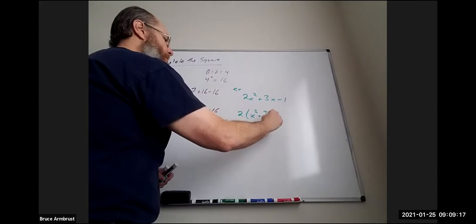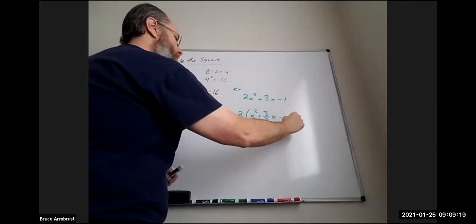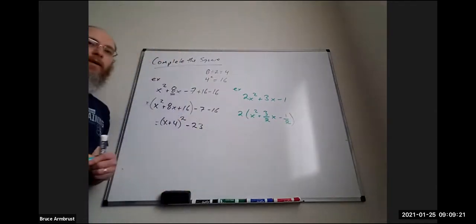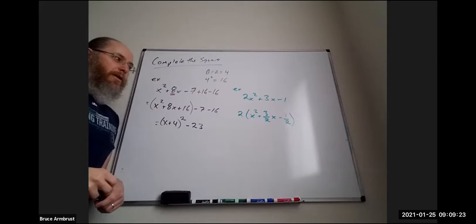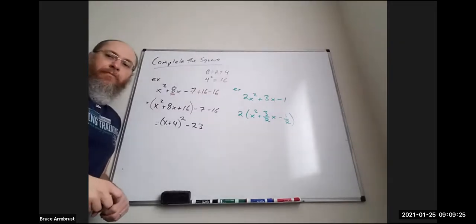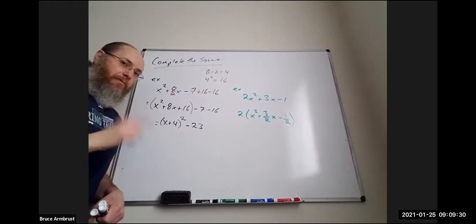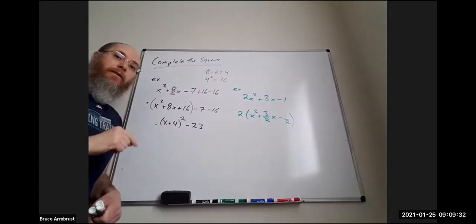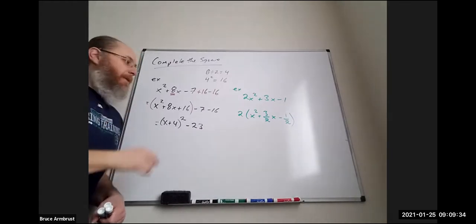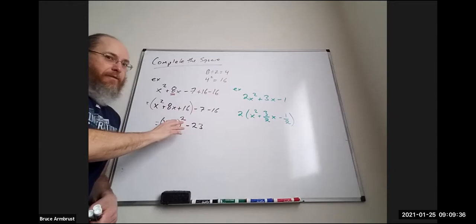Now, for those other numbers, the 3x and the minus 1, dividing out the 2 leaves us fractions. And that's totally okay. You should expect that to happen a lot when you complete the square.